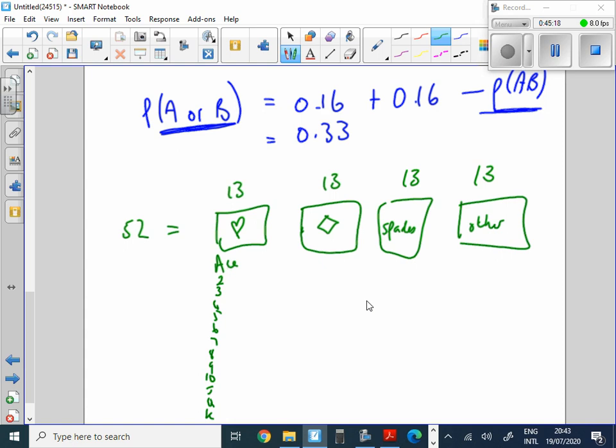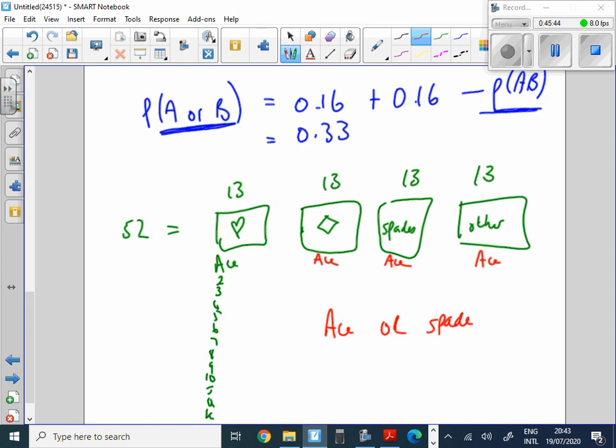Now what I'm asking you in this particular question is, I want an ace, or how many aces are there? Well, there's an ace there, there's an ace there, there's an ace there, there's an ace there. There's 4 aces in the whole pack, and I want to know what's my probability of it being an ace or a spade.